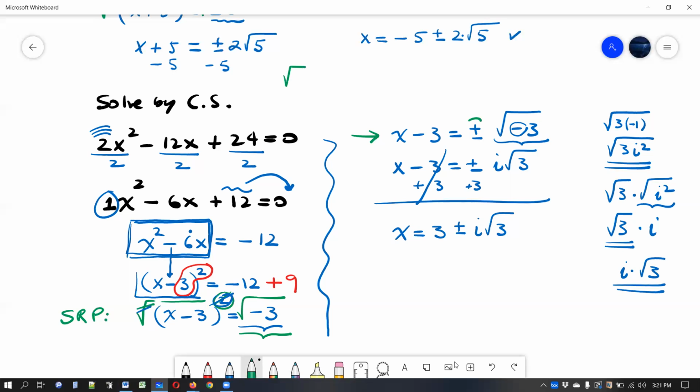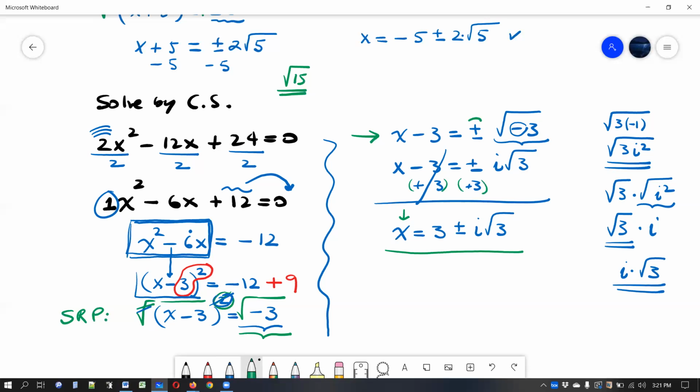Remember, we saw cases before where we had radical 15. You cannot simplify that. But in this case, you can do some simplification, but the radical 3 remains the same. But the minus needed to be changed to i squared, and the square root of i squared becomes i. So that is required. So for this particular problem, this is the answer after I add 3 to both sides to isolate my variable x.